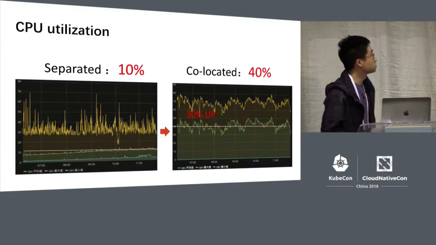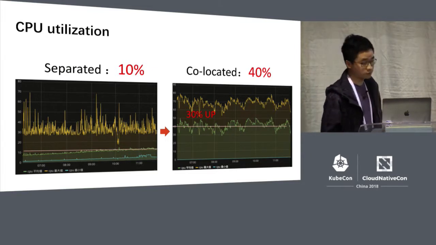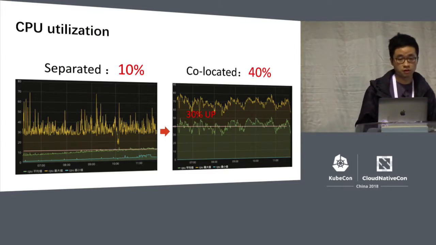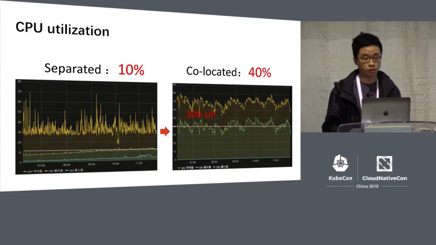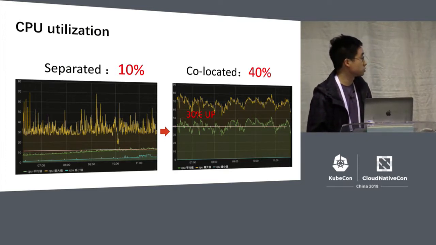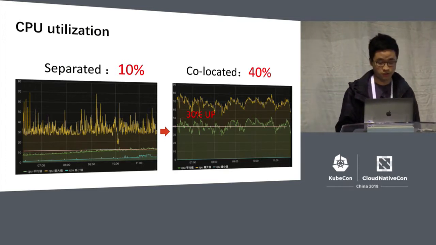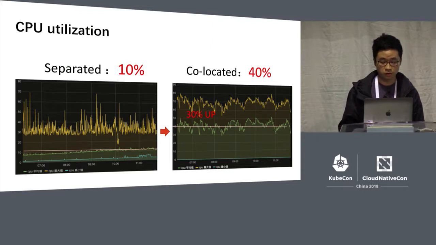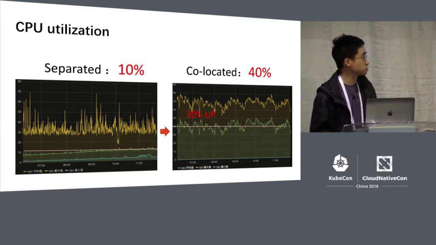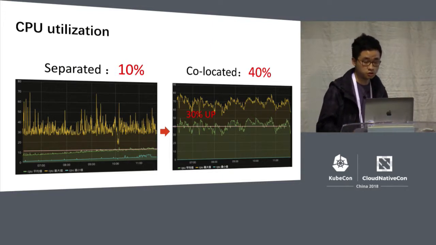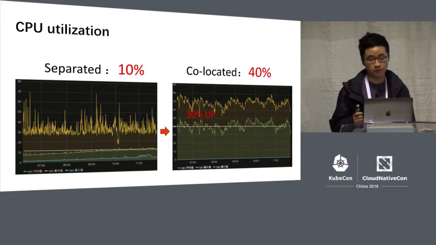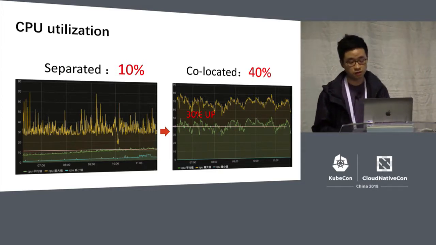When it comes to co-location, we have made some comparisons in terms of CPU utilization. Before co-location, the CPU utilization rate was only around 10%. After co-location was adopted, we improved to 40%. So we improved by 30%.